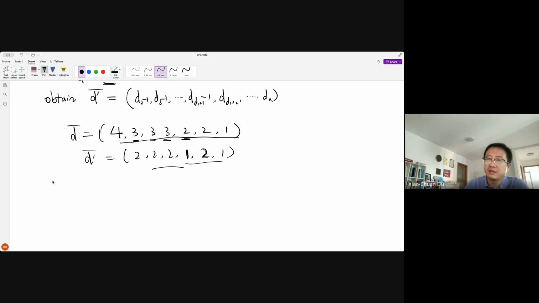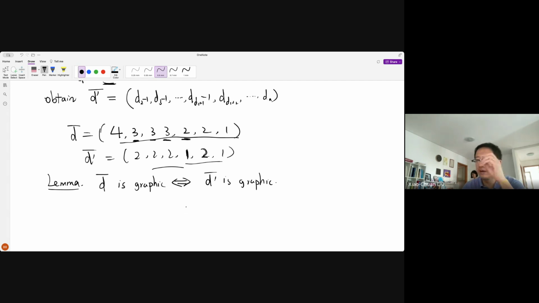Maybe it's better I write a lemma. Indeed, D bar is graphic if and only if D prime bar is graphic. This is a lemma we will prove.